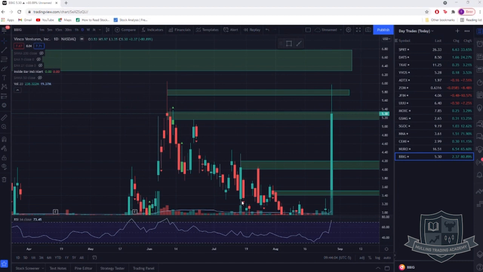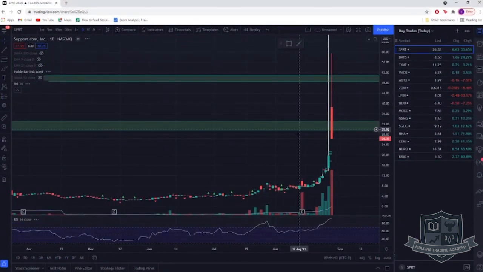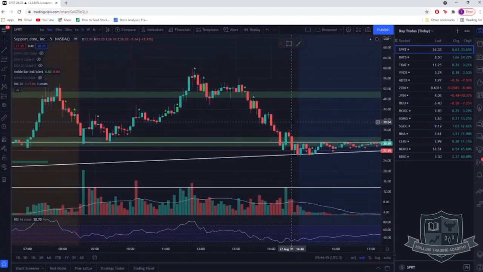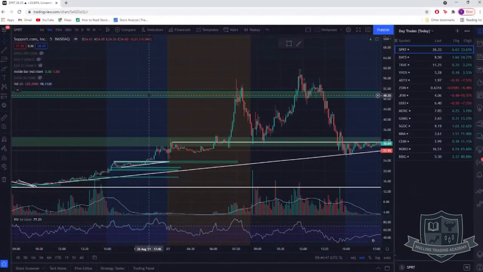What is the difference between supply, demand, and support resistance? Great question. There is a very big difference. Supply and demand is focused on, first of all, the very basis of supply and demand is the idea that there are orders left behind in an area or a zone by institutions or retail traders.